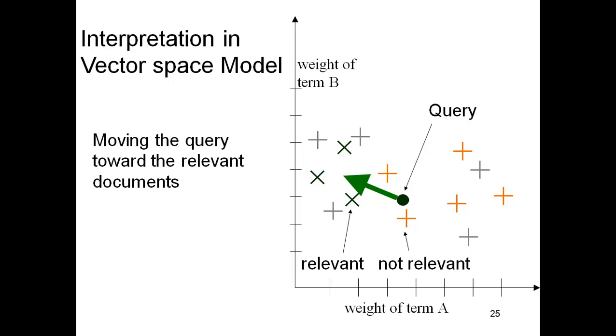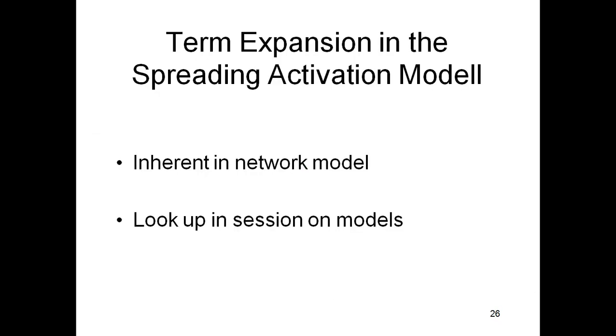These are irrelevant documents. And this is my initial query. And saying, aha, this is relevant, this is relevant, this is relevant. The new query should be pushed closer towards the relevant documents. But it's still close to my original query, but closer to my relevant documents and further away from the irrelevant ones. Okay, this is a graphical interpretation of the relevance feedback technology.